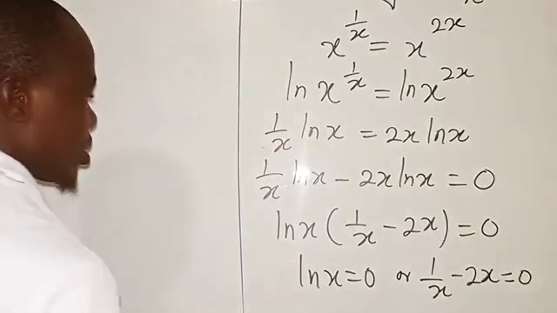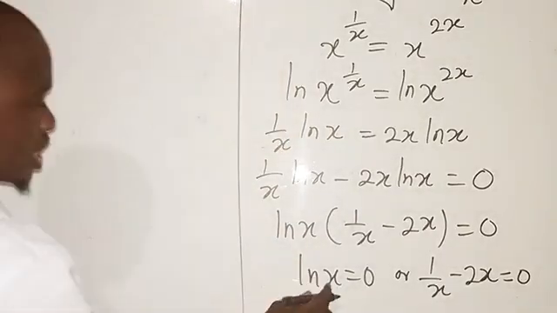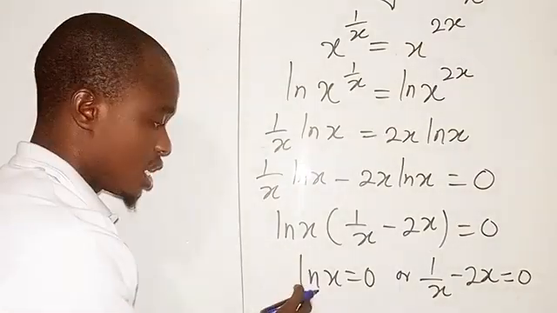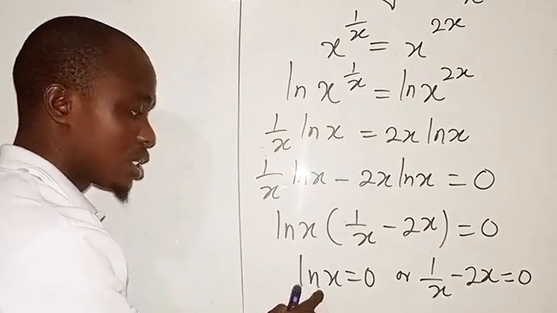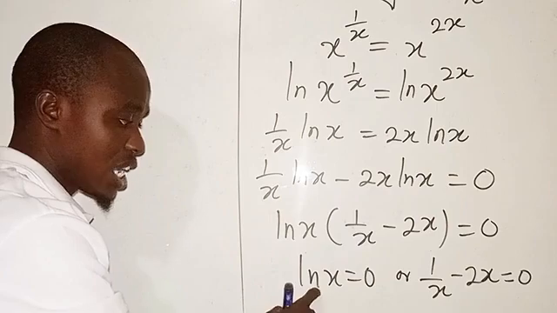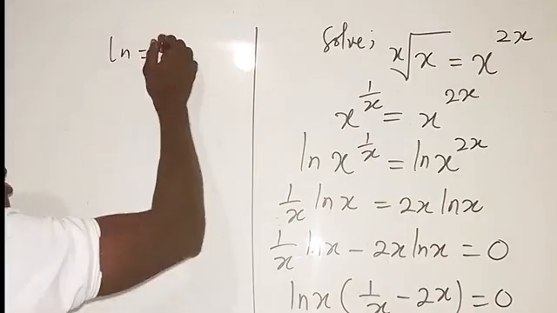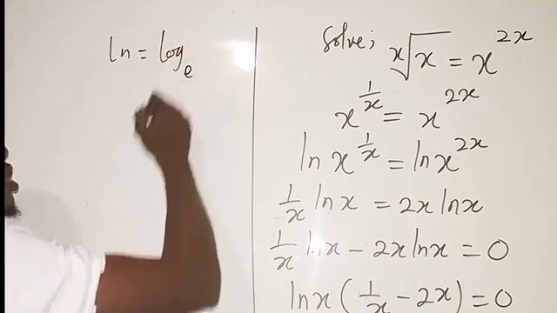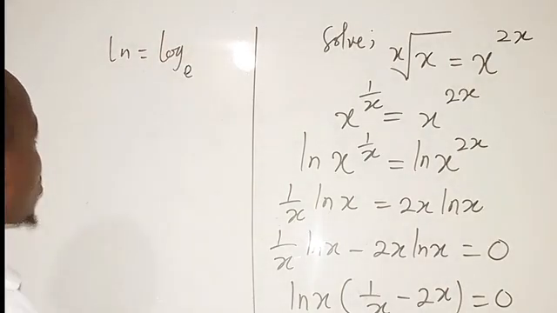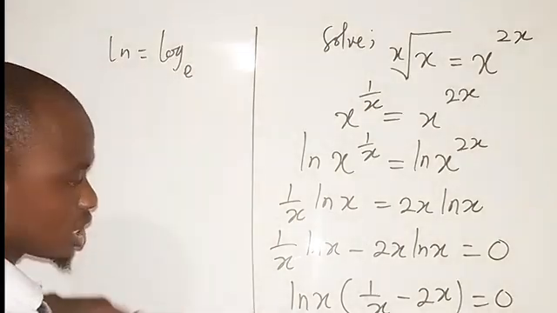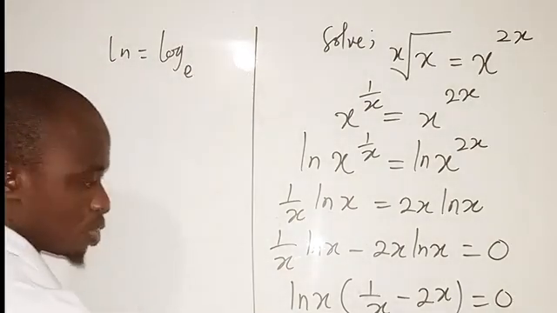Since we have ln here, the base to the logarithm, ln is the same thing as having log base e. Do you understand now? Which means if you introduce e here, you must introduce e here.